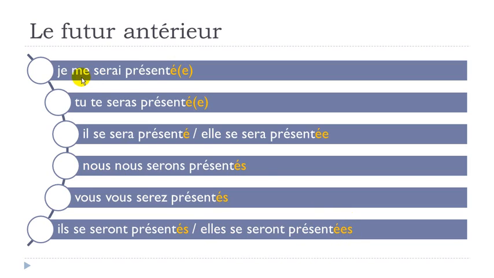Okay, so let's read them one more time. Je me serai présenté, tu te seras présenté, il se sera présenté, elle se sera présentée, nous nous serons présentés, vous vous serez présentés, ils se seront présentés, elles se seront présentées.